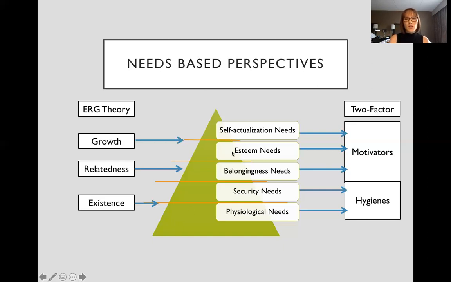But an organization that's actually concerned with things like self-actualization, esteem, and belongingness, so these relatedness factors, these interpersonal relationships, making sure that employees are becoming their self-actualized person, those things are actually going to make your employee fully motivated, fully satisfied.